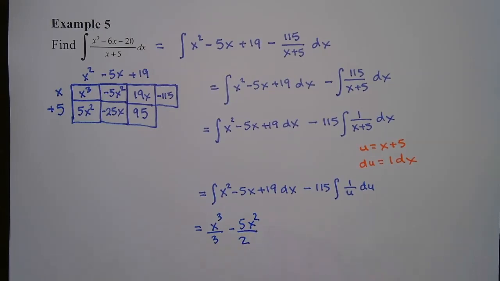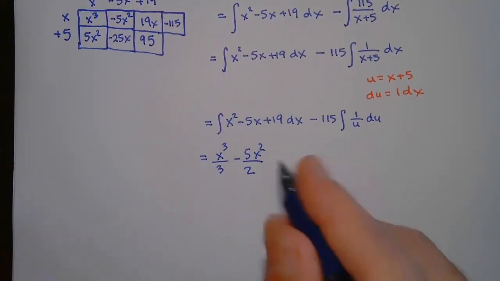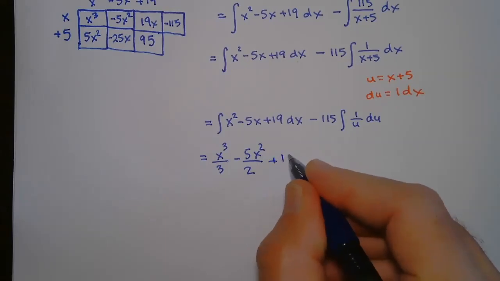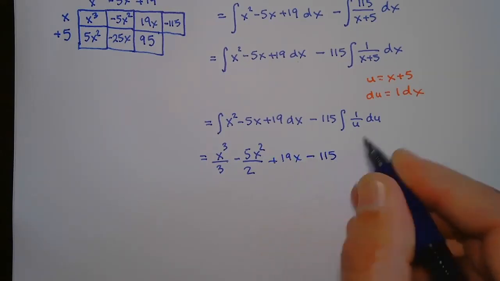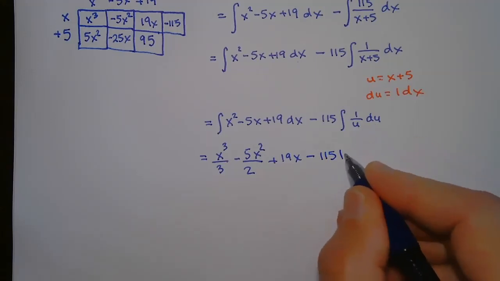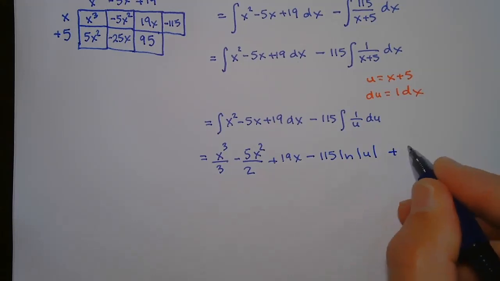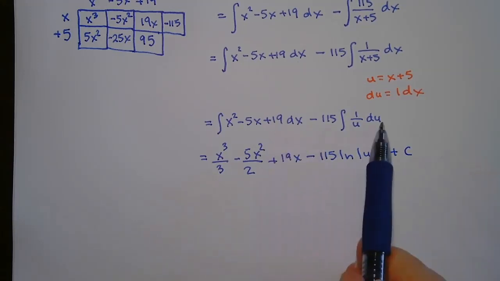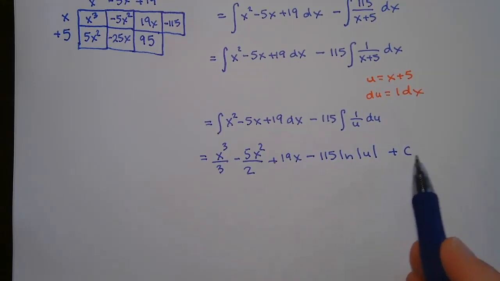And I'm going to slide this up a little bit. Okay, and then plus 19x minus 115, and the integral of 1 over u is natural log absolute value of u, and then plus the c. Now we actually had a c here and a c here, and they just combined to make one giant constant at the end, okay?